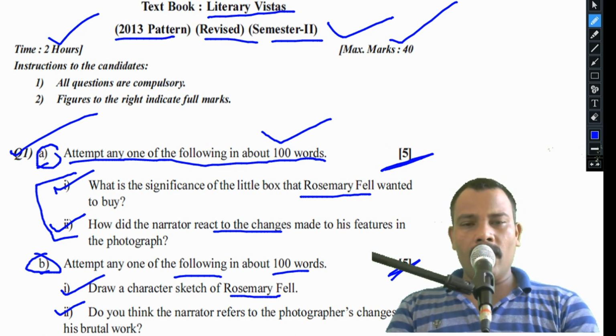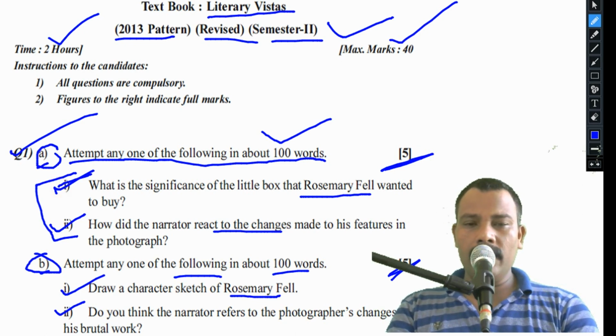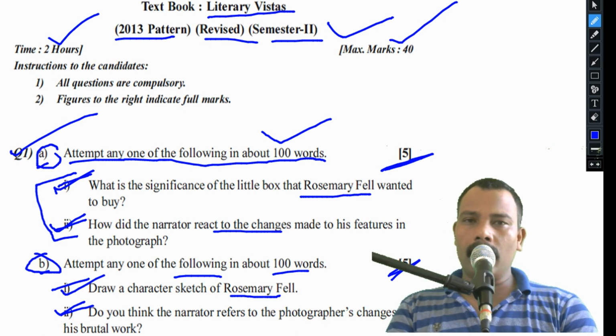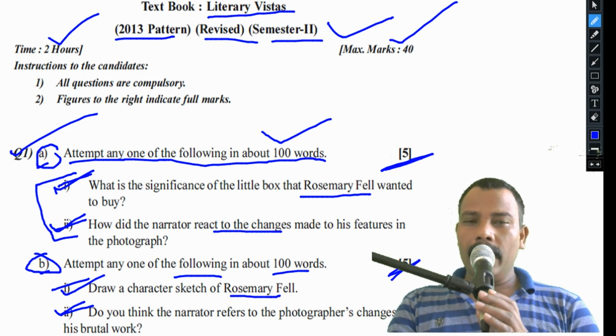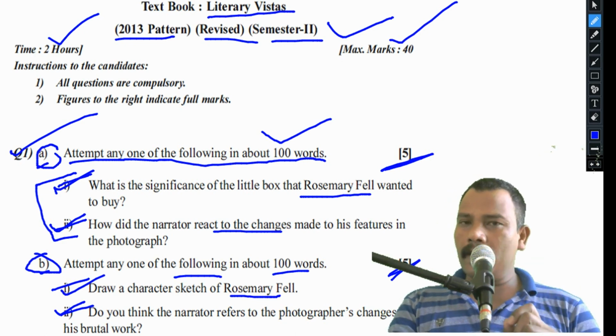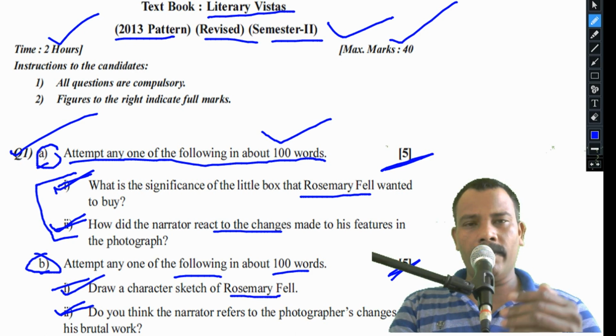If you do the further analysis, question number 1 is on "A Cup of Tea" and question number 2 is on "With the Photographer".